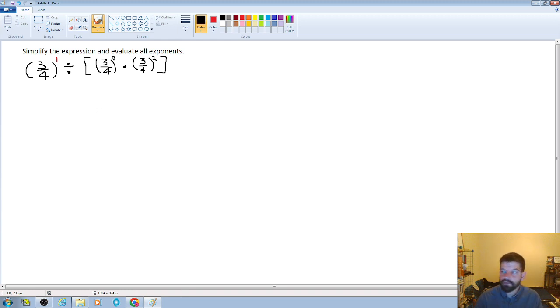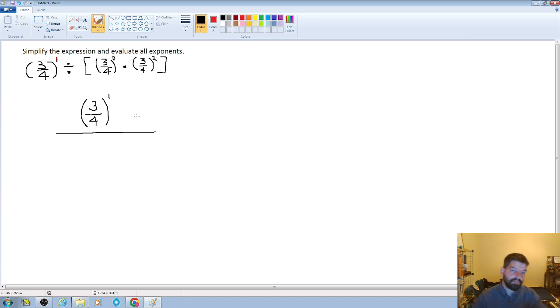The application of the laws of exponents we're going to be using are going to be very step by step. So I'm going to represent this division problem as a complex fraction, but I'm again going to be keeping all of the exponents accountable. So the numerator is just going to be the 3/4 here.